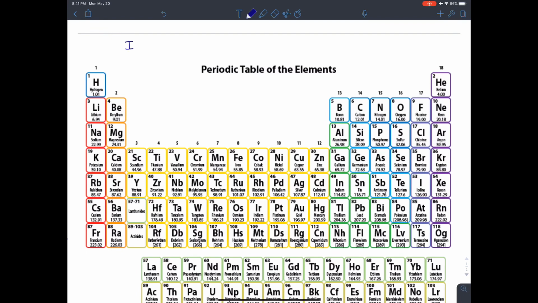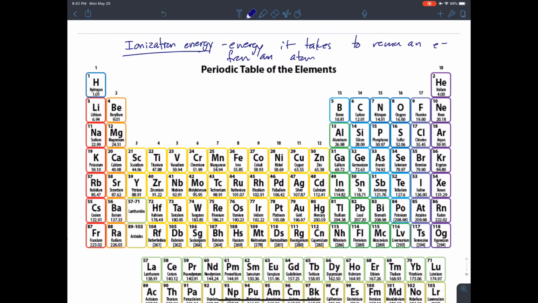Now let's talk about ionization energy. This is the energy it takes to make an atom an ion. It's the amount of energy it takes to remove an electron from an atom.